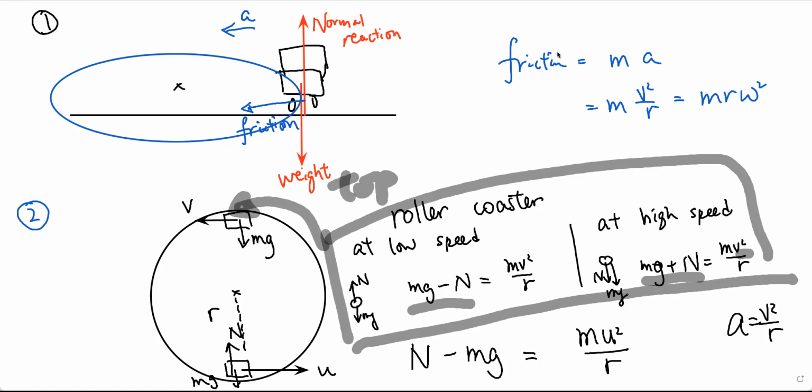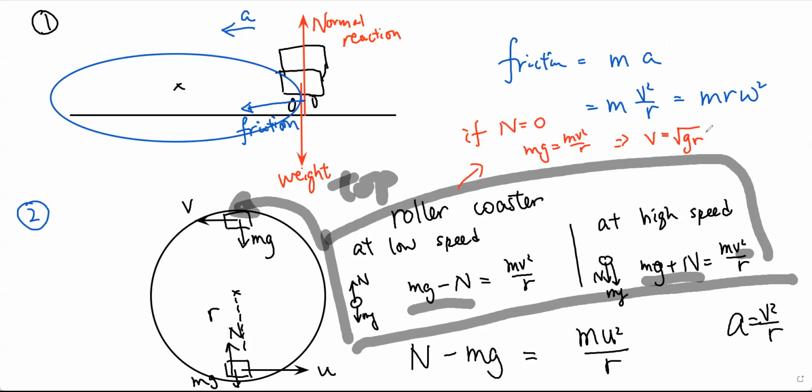Then how can we determine whether the speed is low or high? If N is 0, then you get mg equal to mv squared over r, or v is the square root of gr.